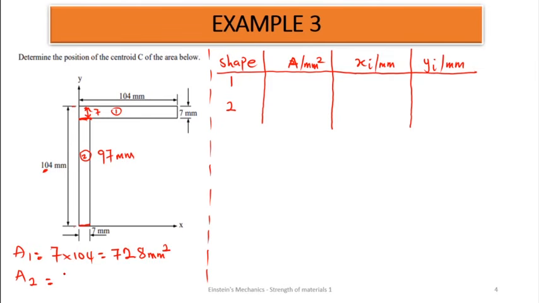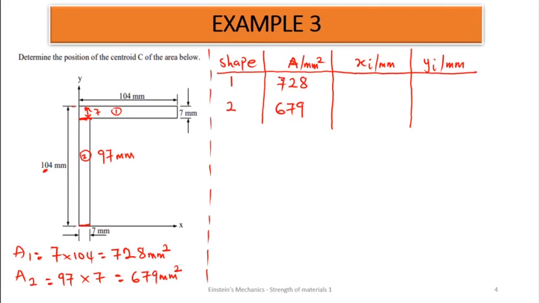So area 2 is going to be 97 by 7, and that is going to give me 679 millimeter square. So I have the area there. So this is 728. This is 679.